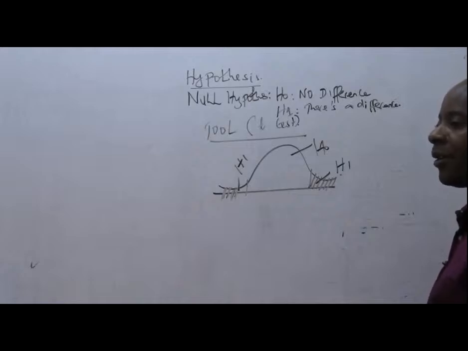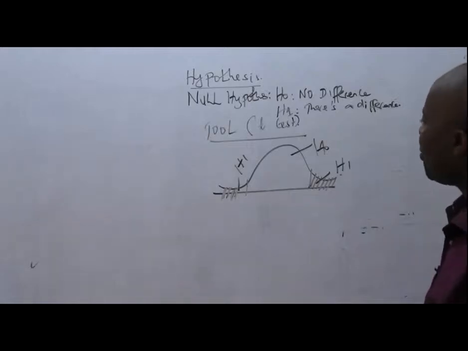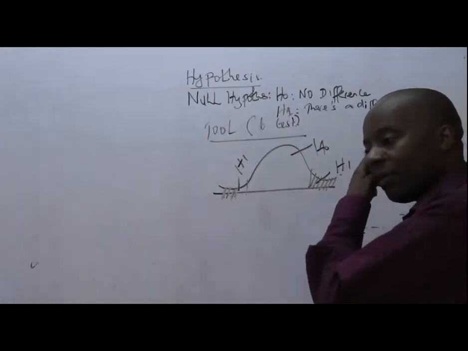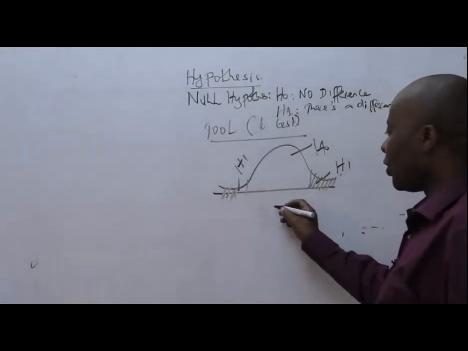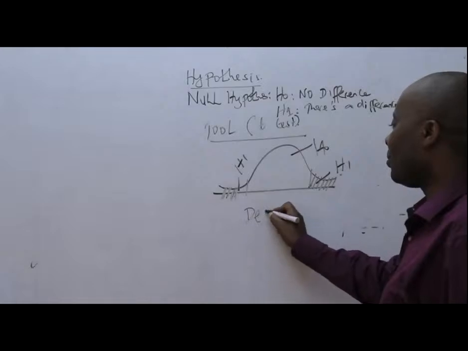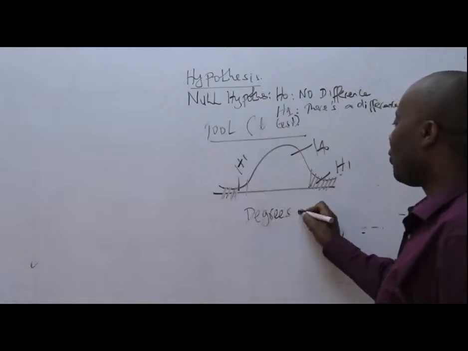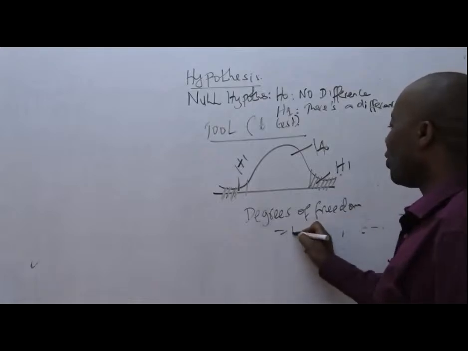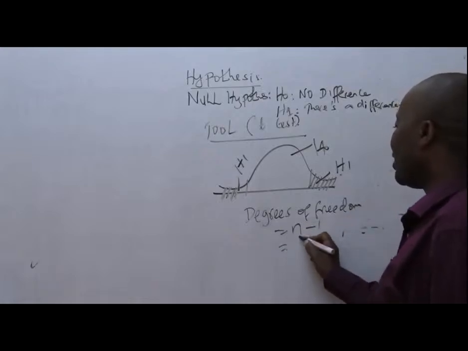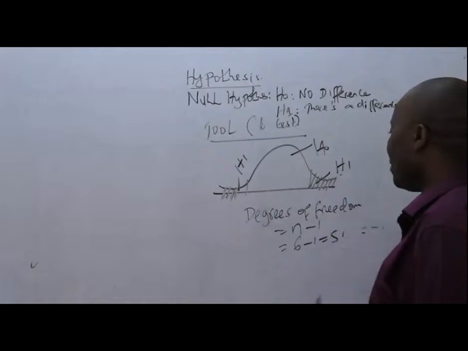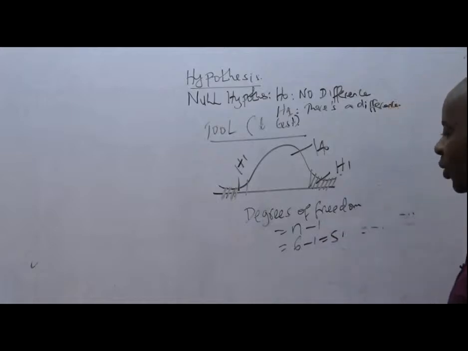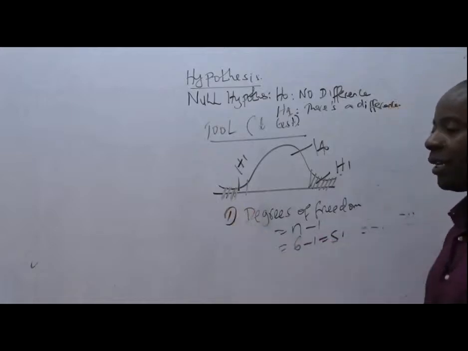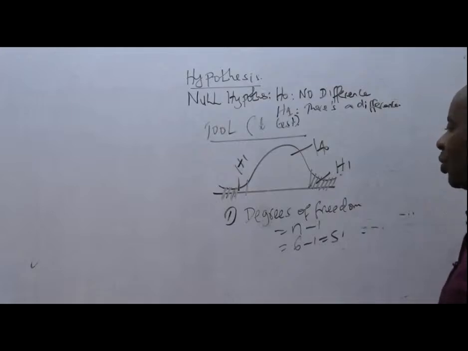After that, ladies and gentlemen, I will come here and get the degrees of freedom. Remember, degrees of freedom is n minus 1, n is 6 minus 1, which gives me 5. This is one of the things required for us to read the T critical.